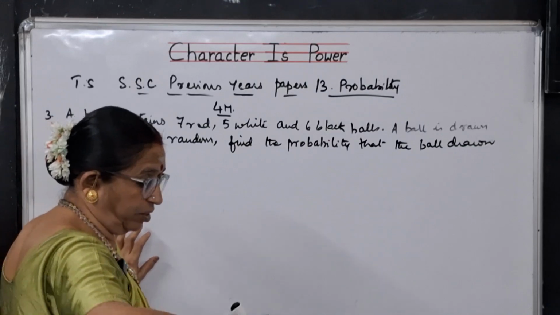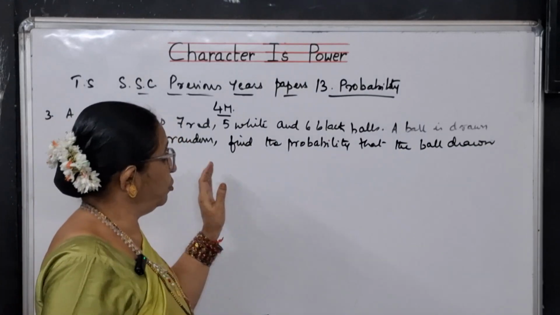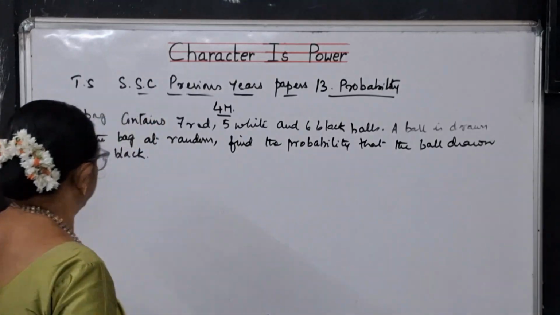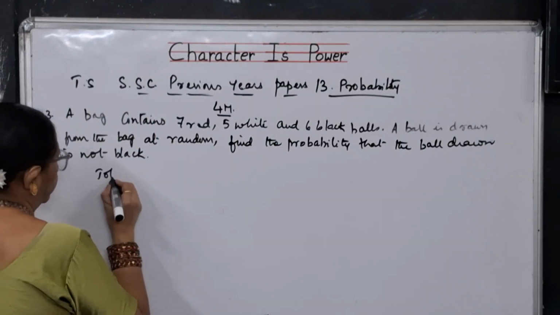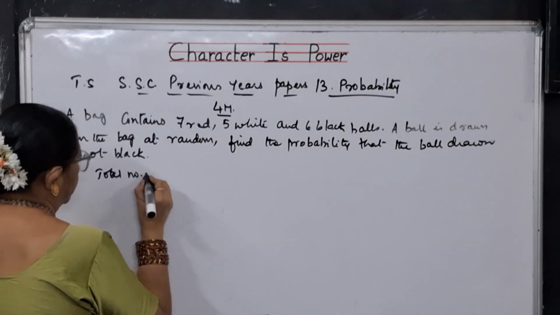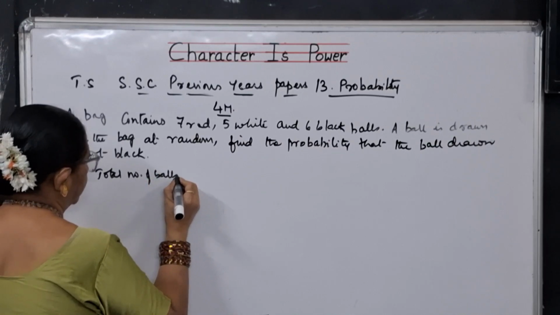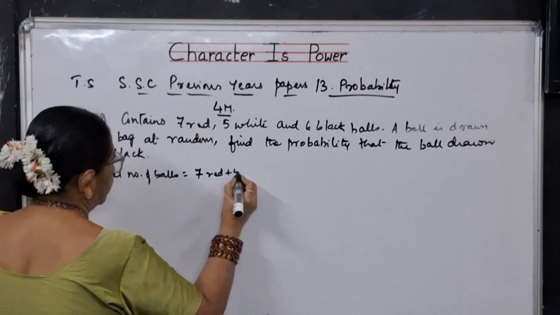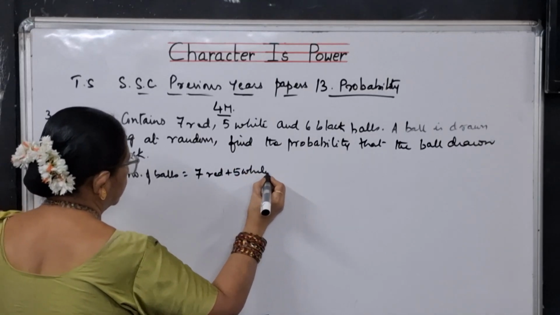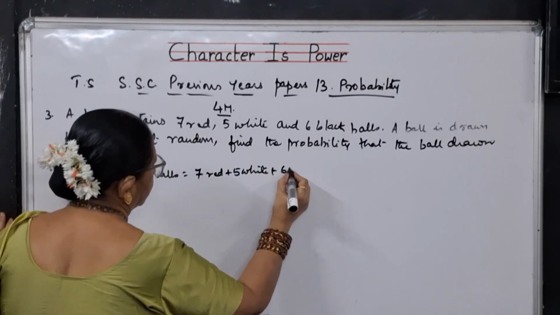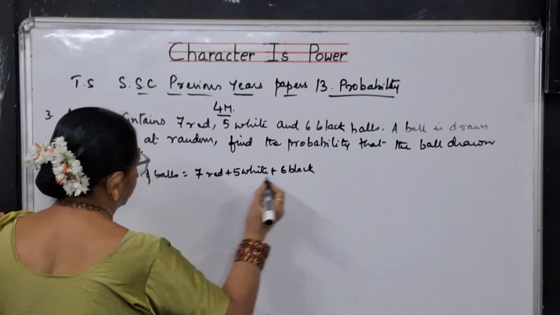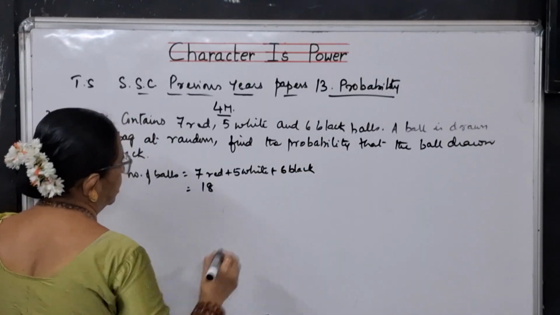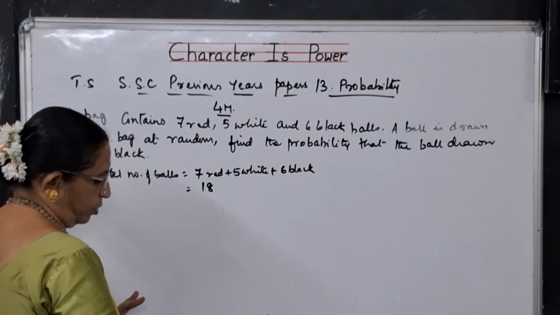When a ball is taken out from the bag, you should find the probability of getting a ball which is not black. So total number of balls is 7 red plus 5 white plus 6 black. Total how much? 7 plus 5, 12, plus 6, 18 balls are there totally.